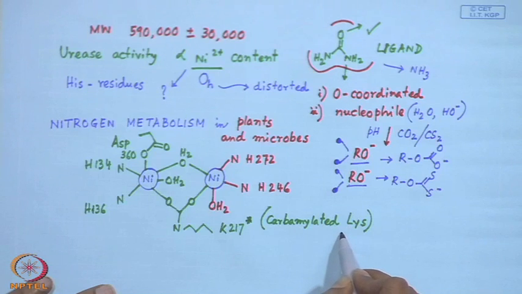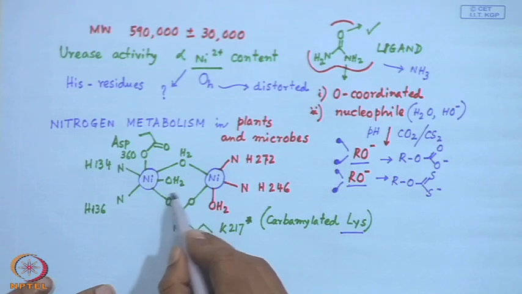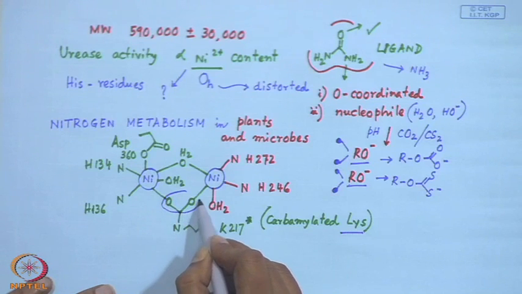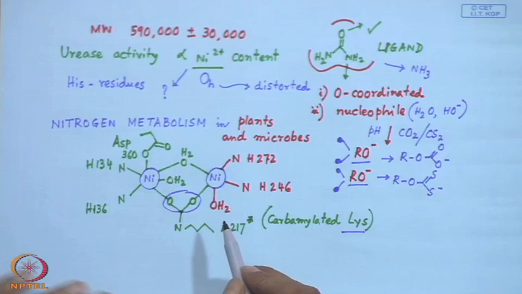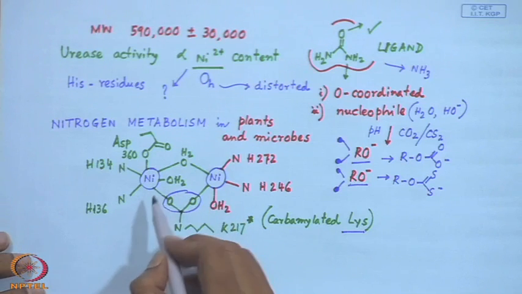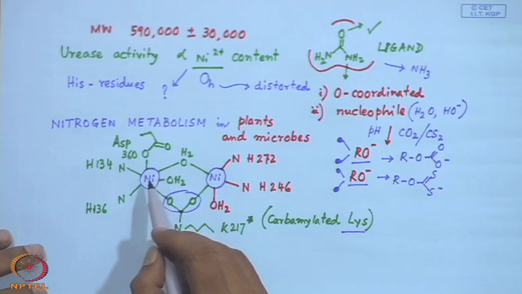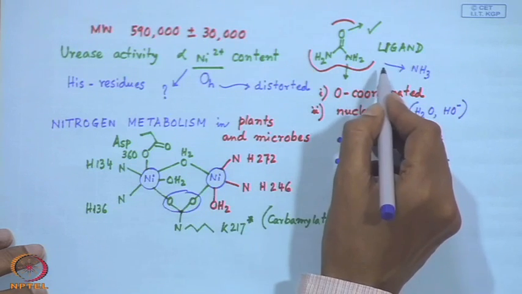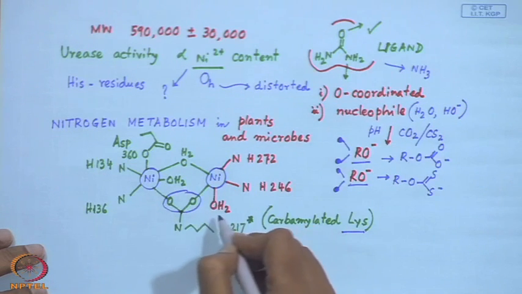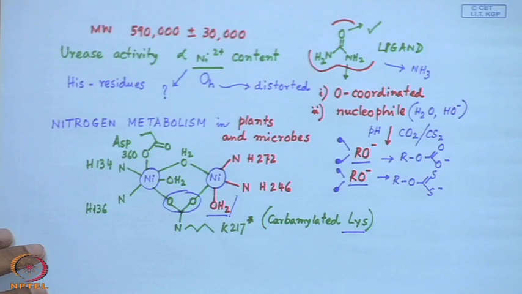So, if you have a free amino acid like lysine with an NH2 function, with the use of carbon dioxide it can be converted to a carbamic acid type of arrangement, and this is a stronger binding compared to your water binding, and these two can keep the nickel separation also unique for binding of your urea molecule and the corresponding attack from either this water molecule or its deprotonated form.